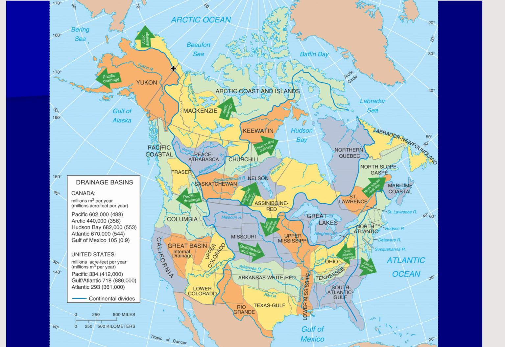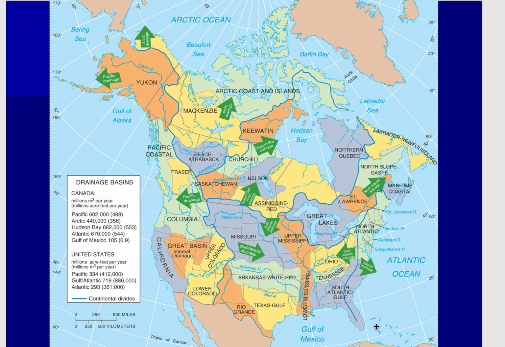So what I want you to take a look at, and I'm not going to ask you to memorize this or anything crazy like that, is this deep blue line through here is the line of the highest elevation that drains everything to the west, which is the Pacific Drainage Basin, from everything to the east, which is going to make up all of these other drainage basins: the Arctic, the Hudson's Bay Drainage Basin, the Gulf Drainage Basin, the North Atlantic Drainage Basin, which is the Great Lakes through the St. Lawrence, and then the Atlantic Drainage Basin.